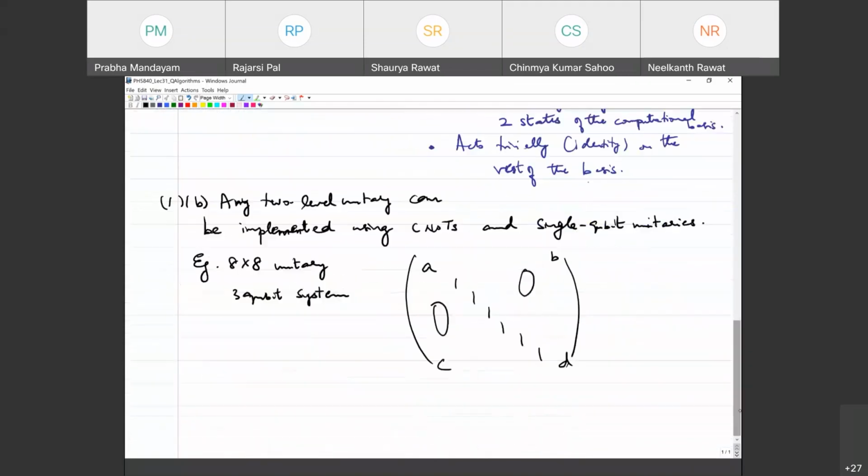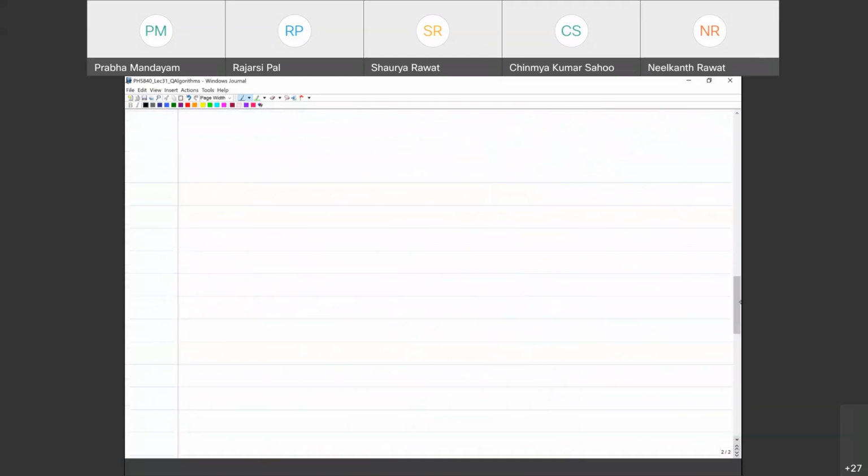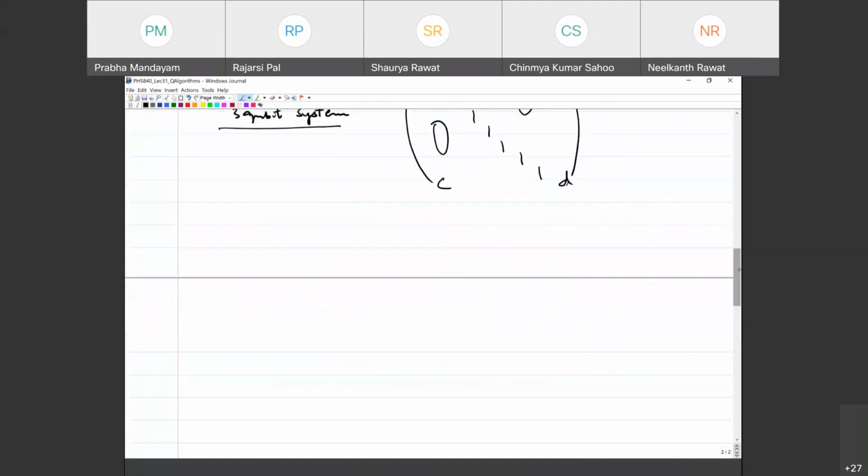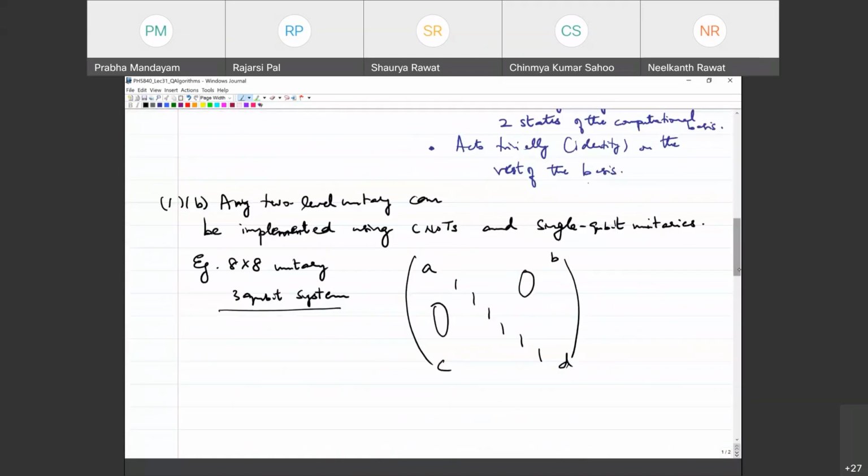So now, if I look at this in the computational basis of the 3-qubit system, there are only two states on which this is acting non-trivially. That's what we said, right? So if you look at this from the computational basis point of view, then you have 0, 0, 0 sitting here, 0, 0, 1, etc., all the way up to 1, 1, 1.